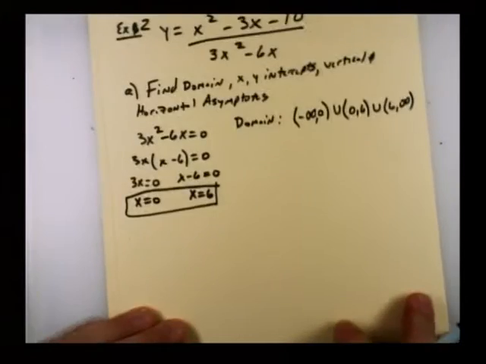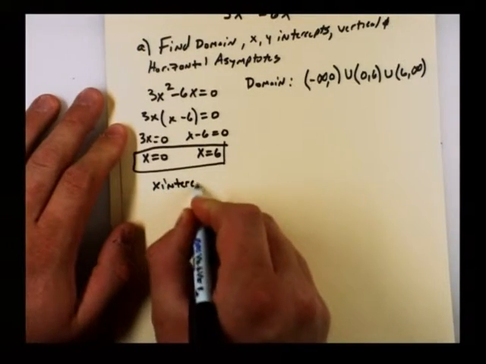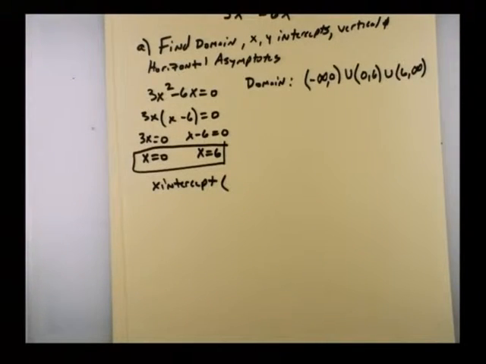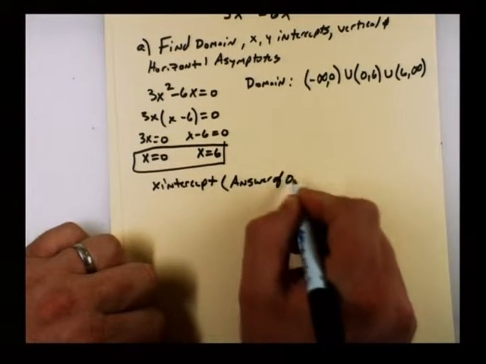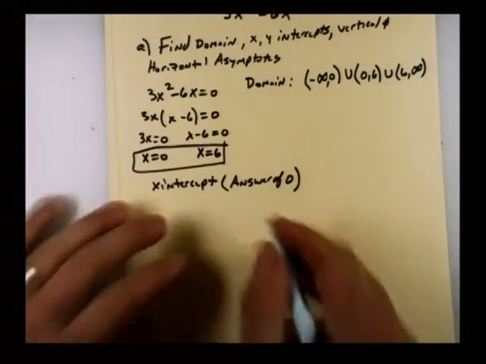Okay, that's our domain. Second part, we need to find our x-intercept. To remind you again, what is the x-intercept? That's the value you plug in for x to get an answer of 0. So in other words, what number could you plug in and get a 0 for an answer? Let's take a look.